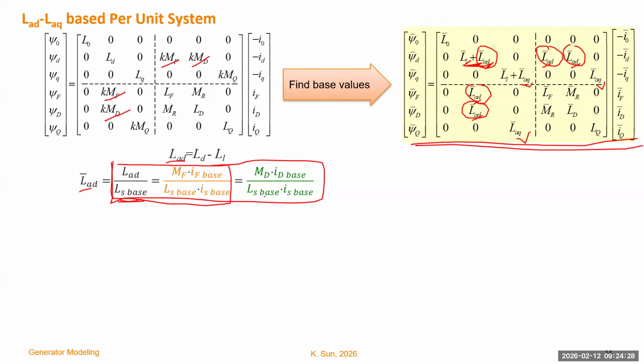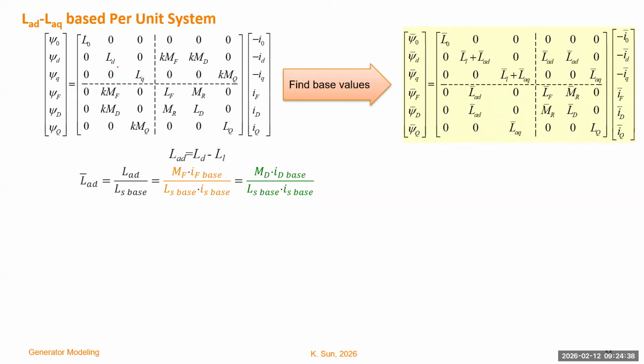So for the proof of this formula, starting from this equation, the idea is very simple. You just pick two equations, right? Because you want to, let's say first, make the KMF equal to LAD.